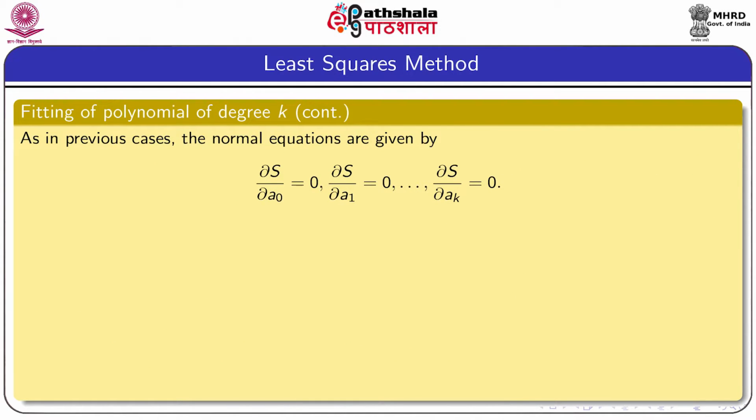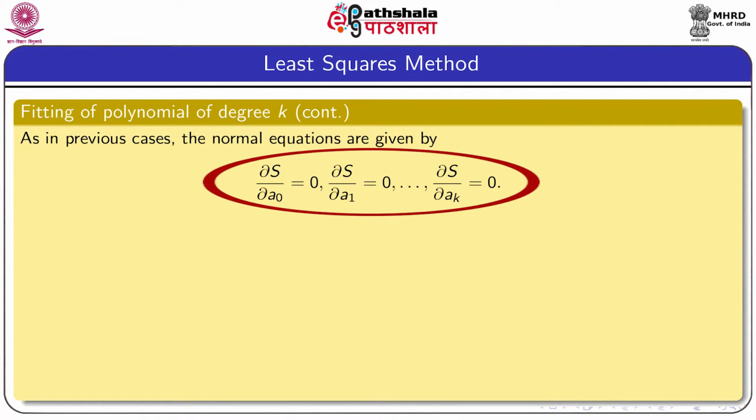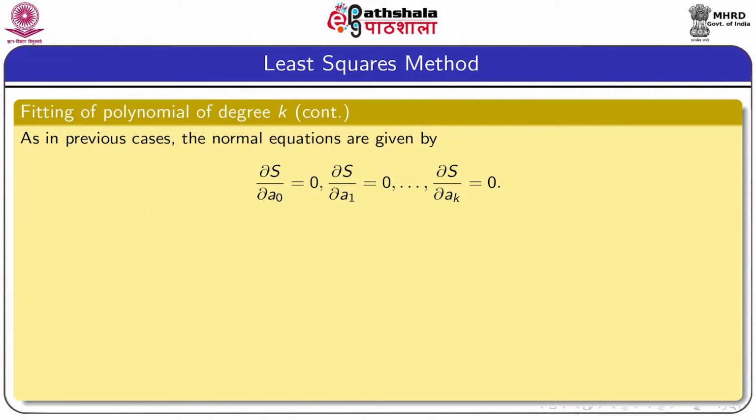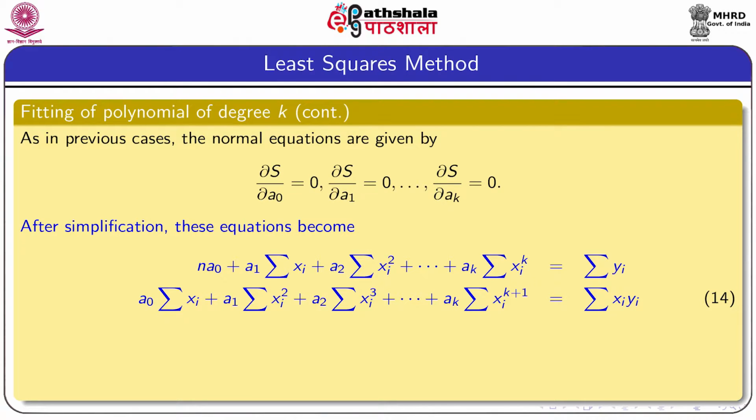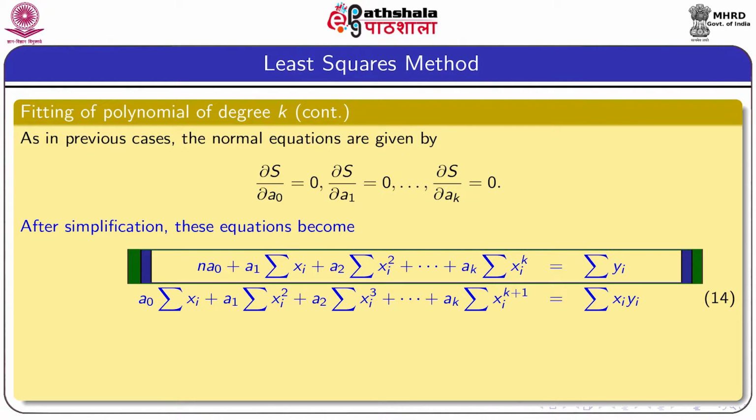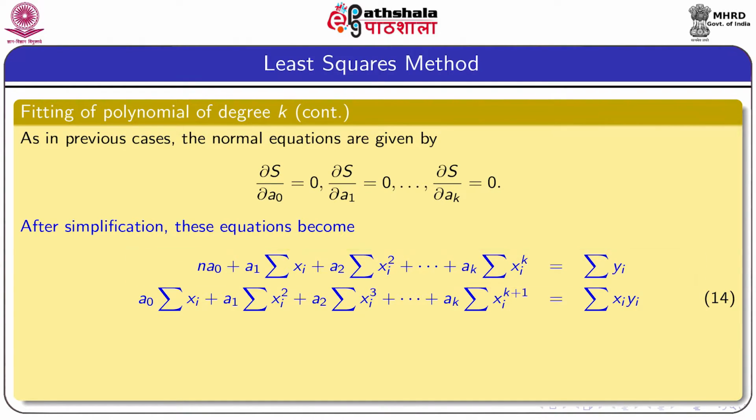As in previous cases, the normal equations are given by ∂S/∂a0 = 0, ∂S/∂a1 = 0, and up to ∂S/∂ak = 0. So, these are the normal equations, and after simplification these equations become n a0 + a1 Σxi + a2 Σxi² + ... + ak Σxi^k = Σyi.